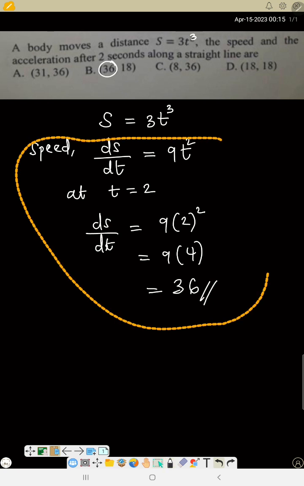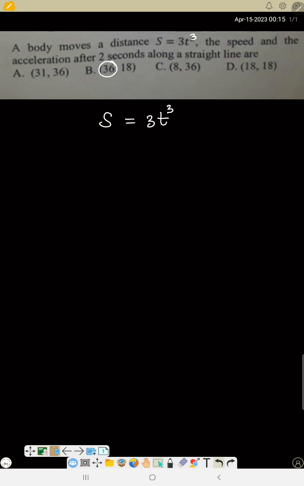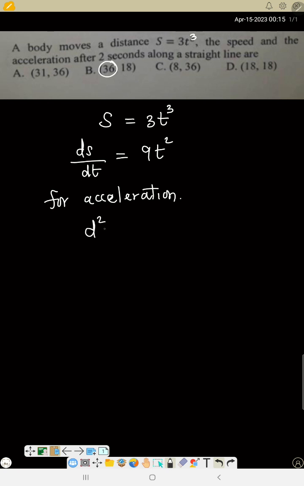So what is acceleration? It means you will differentiate two times. So for speed, you have ds/dt, which is 9t to the power 2. Then for acceleration, you have to differentiate this again, that is d²s over dt².